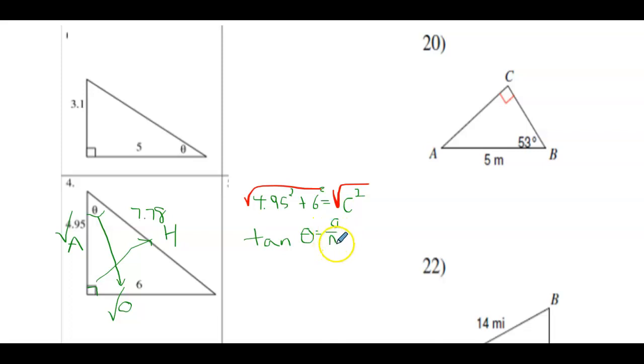And typically when you're solving for an angle theta in our class, you're going to be using the tangent most of the time. So that's why I'm making you practice this one. So it'd be tan theta is equal to the opposite side this time, which is 6. And we're going to divide that by 4.95.